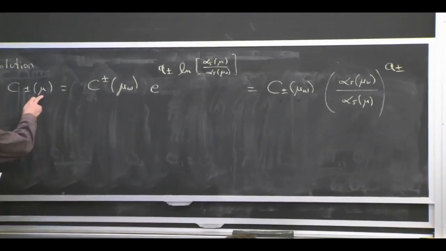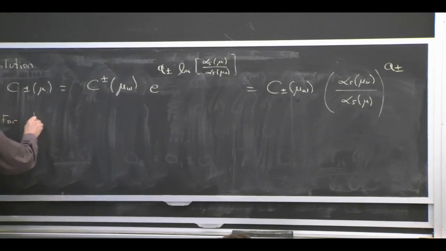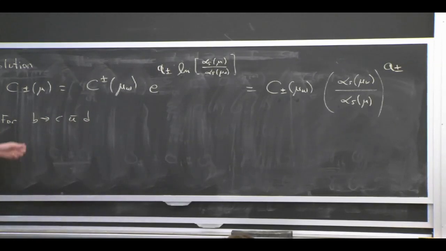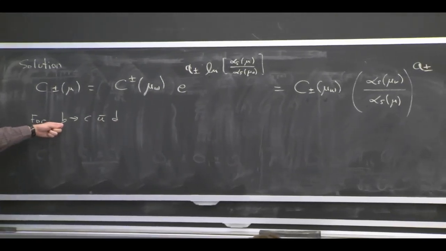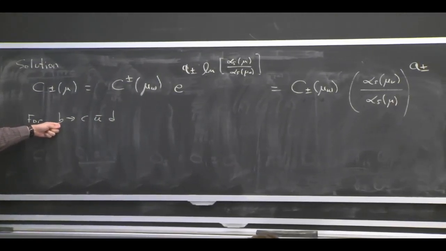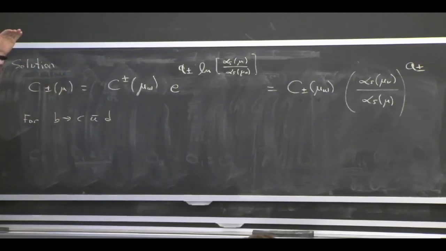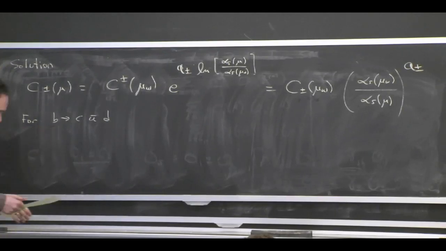OK, so what do we want to pick this mu to be? Well, we're thinking about the process B goes to C u bar d. If you think about this process in nature, the scale in the initial state here is the B meson mass. So you'd like to take this scale here not at MW, but down at the B quark mass.